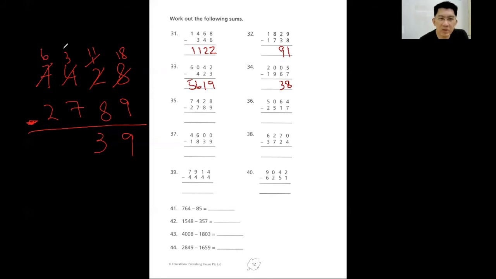Because you take 1 means you get 10. 10 plus 3 becomes 13. 13 minus 7 is 6. Okay. Now, 6 minus 2 is 4.